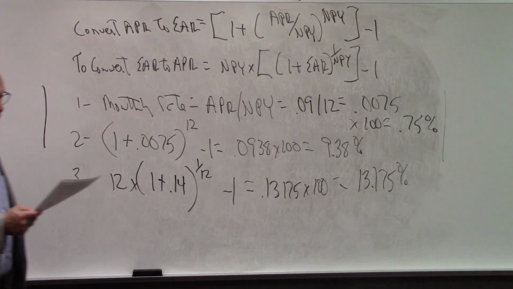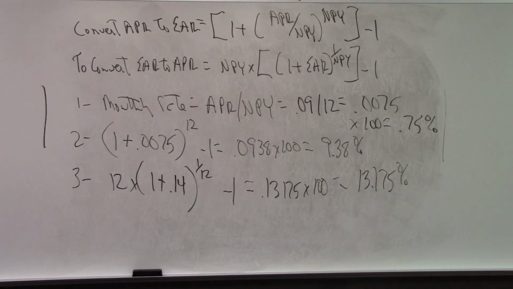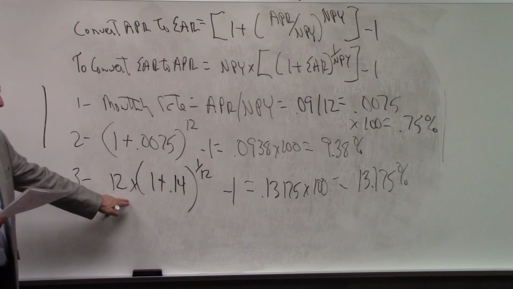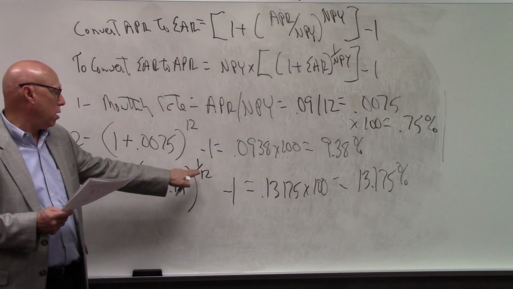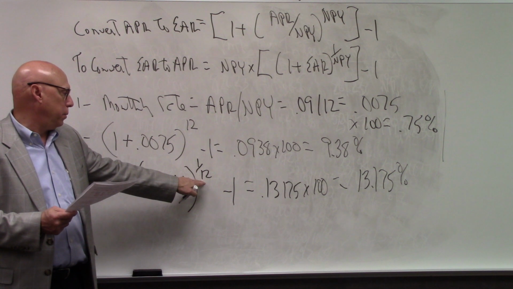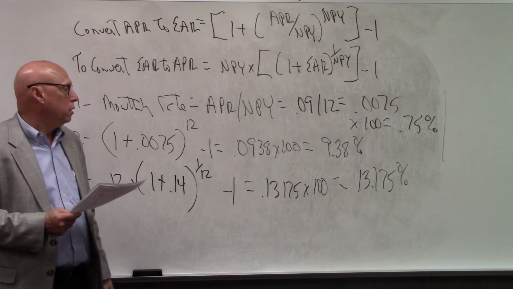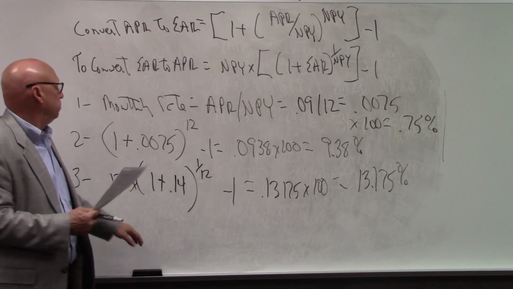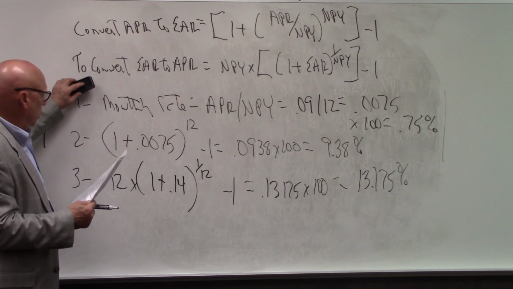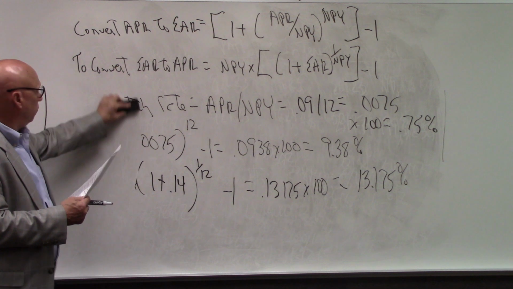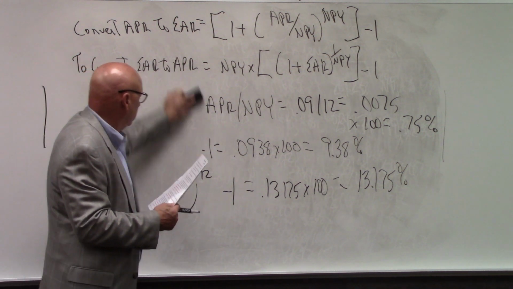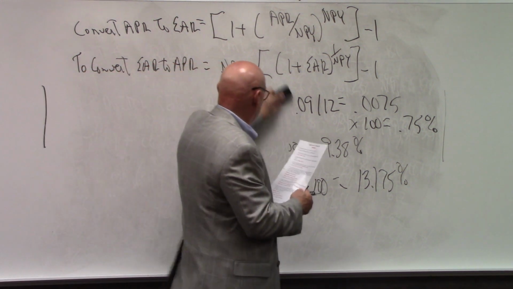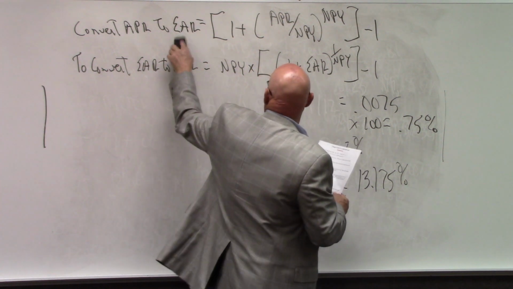Okay? Number of periods per year times 1 plus the EAR raised to the 1 over the number of periods per year, minus 1, times 100. All right. Let us move on to question 4. Write these formulas on your card.